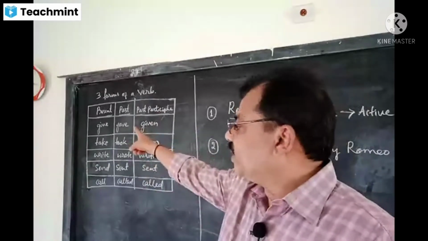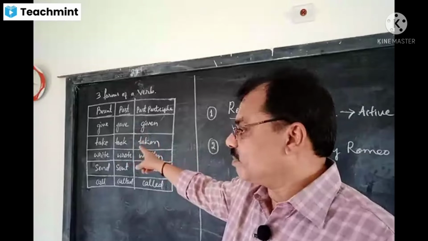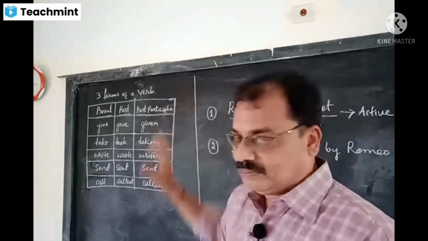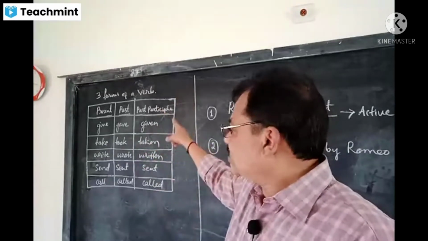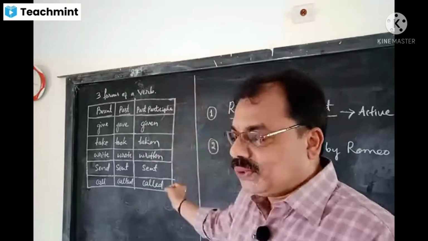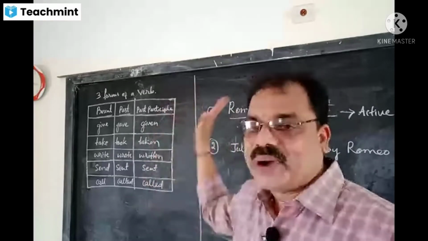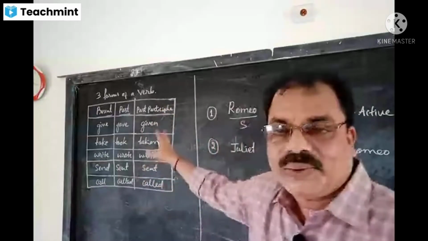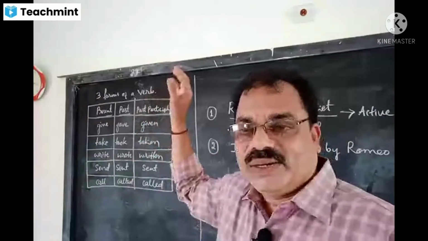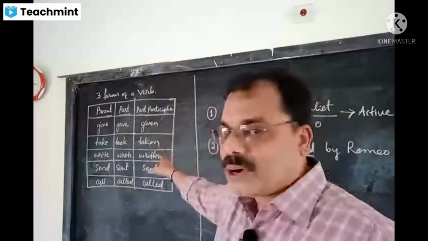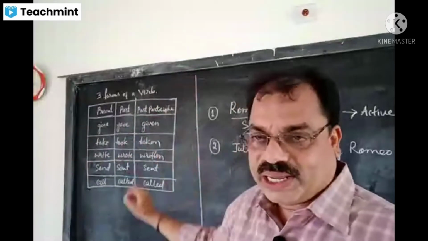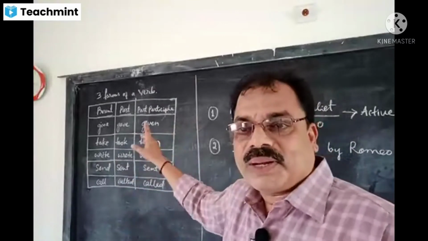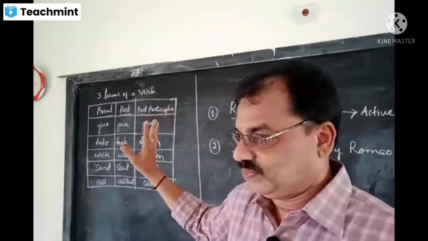For example, give is a present tense form. Its past tense form is gave, and past participle form is given. This past participle form is used only in passive voice. Therefore, all of you must know the past participle form of some verbs.